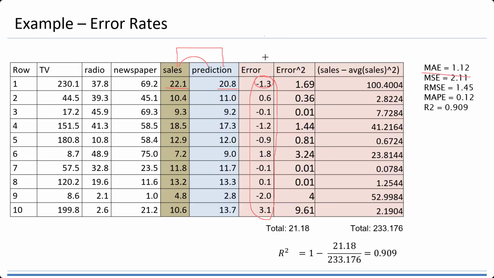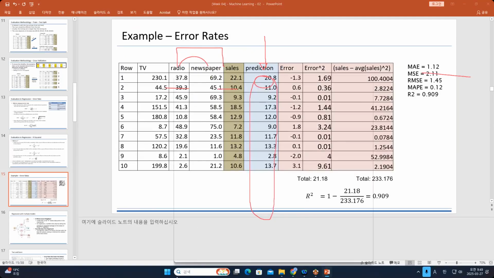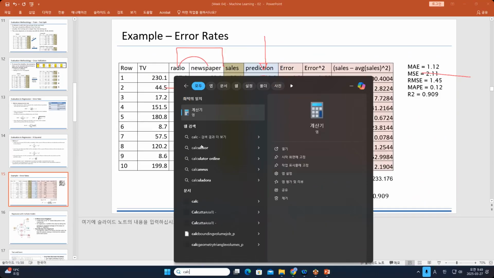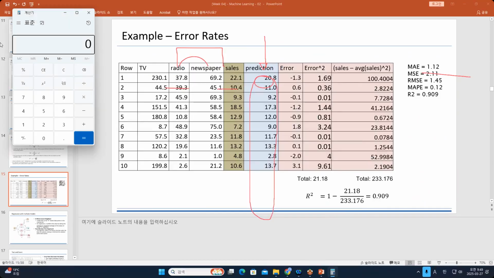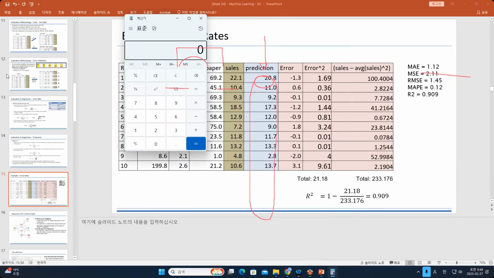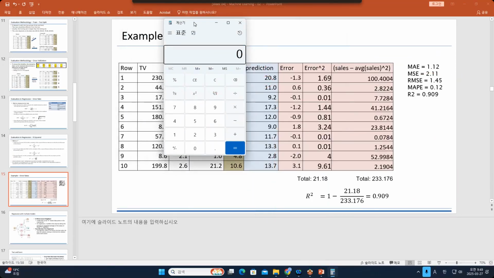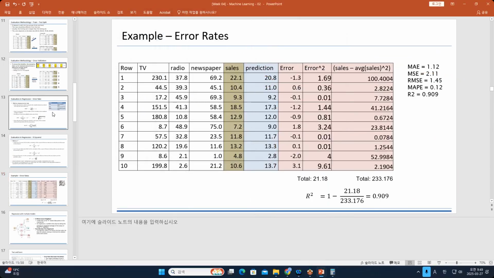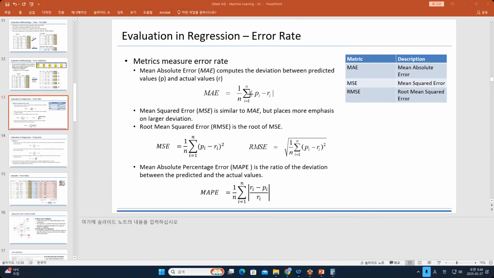MAE is just the summation of this. So you can check the MAE based on the formula. We need to take the absolute value, so if it is negative, it should be turned to positive.